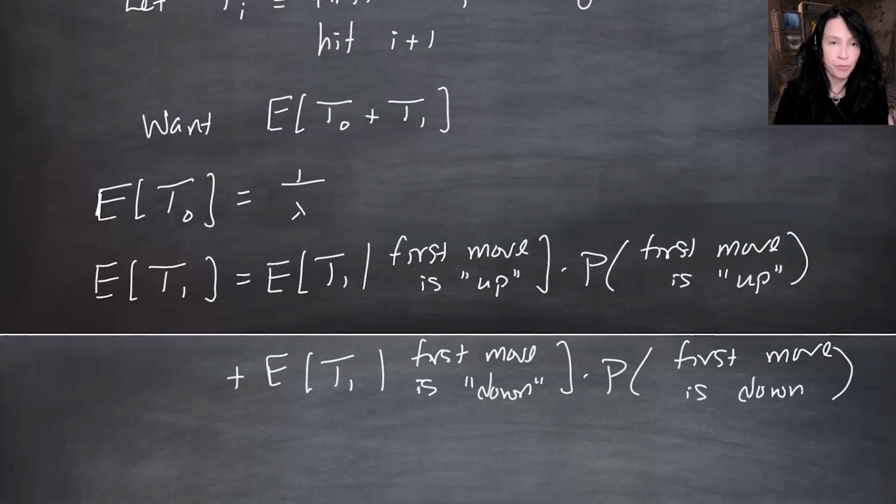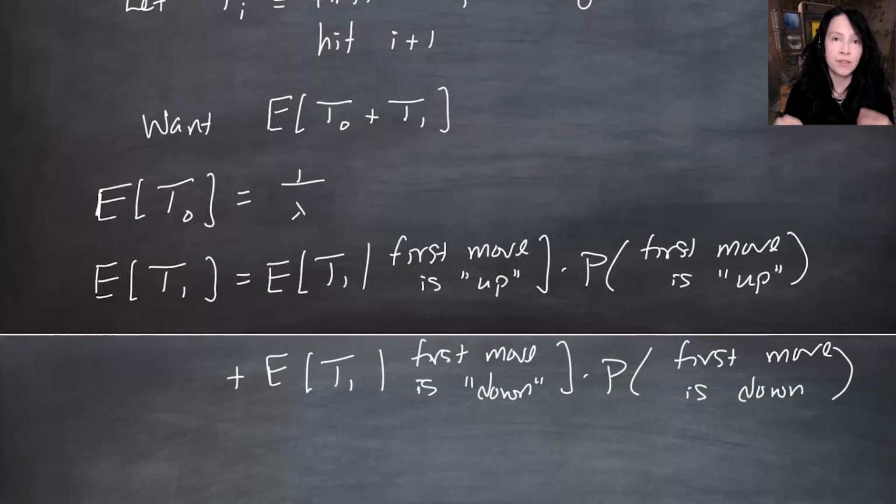For the probabilities of the first move being up or down, think bug racing, think superposition and thinning. If you look at every event in the process as being from a Poisson process with rate lambda plus mu, so if there's at least one person in there, the next event is either an arrival after an exponential amount of time with rate lambda or a departure after an exponential amount of time with rate mu.